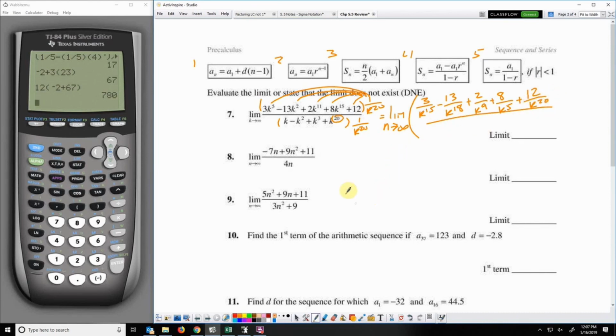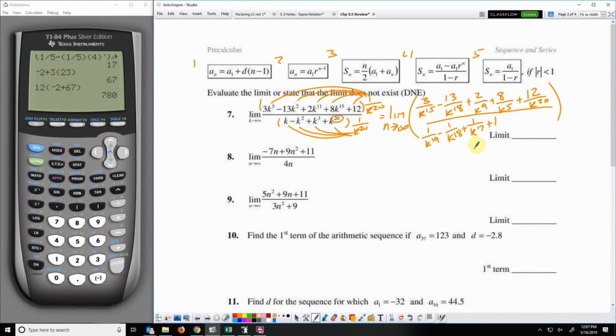All over k times 1 over k to the 20th, 1 over k to the 19th, minus k squared over k to the 20th, 1 over k to the 18th, plus k to the 3rd over k to the 20th, plus 1 over k to the 17th, plus k to the 20th over k to the 20th, plus 1.